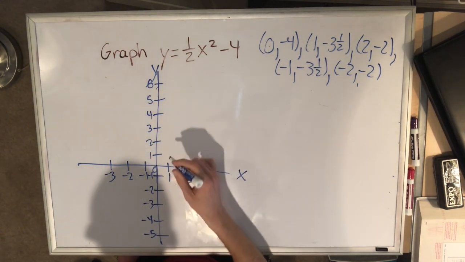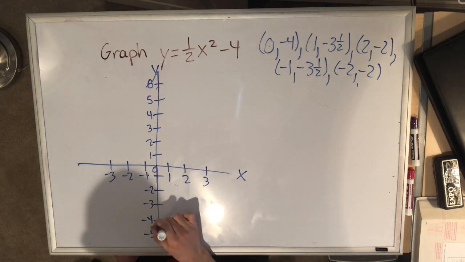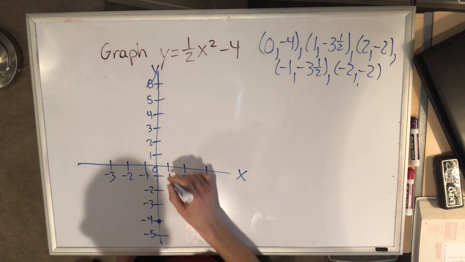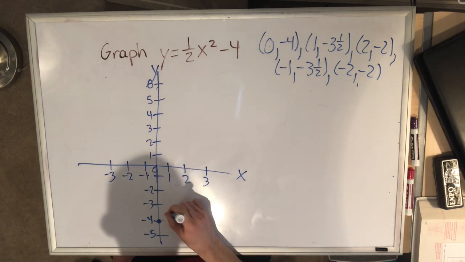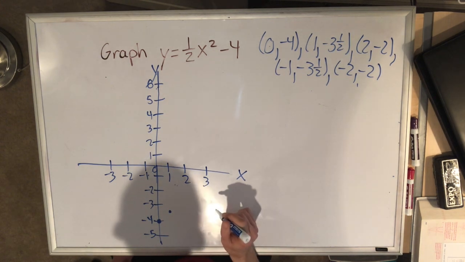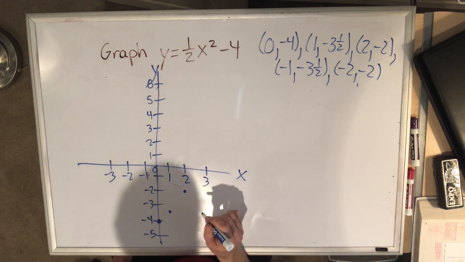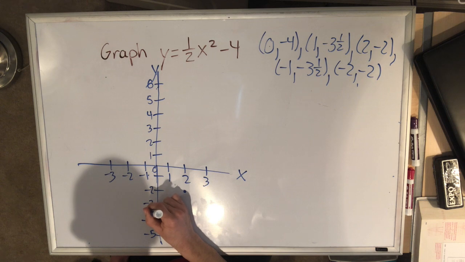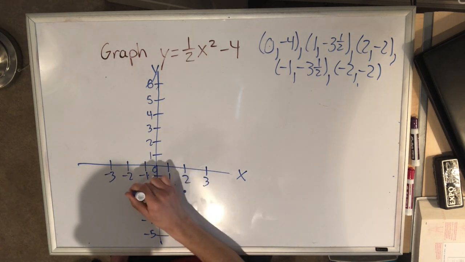So 0 comma negative 4 is right here. 1 comma negative 3.5 is right here. 2 comma negative 2 right here. Negative 1 comma negative 3.5 right there. Negative 2 comma negative 2 right here.